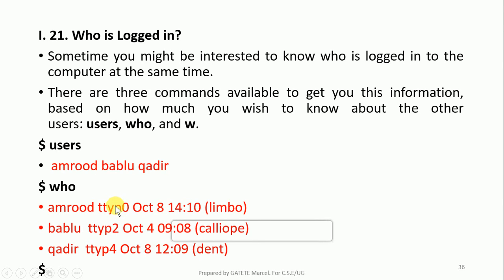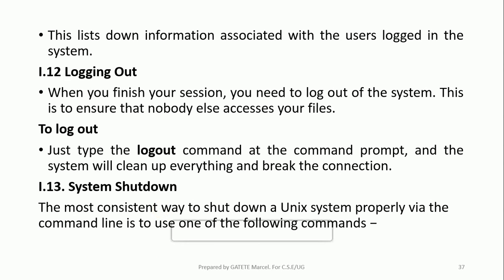We will talk about the terminal later. Amuro has logged in at terminal 0, Babru at terminal 2, Khadir at terminal 4. It will also show the date and the time at which the users logged in to the system, so this lists information associated with users logged in to the system.